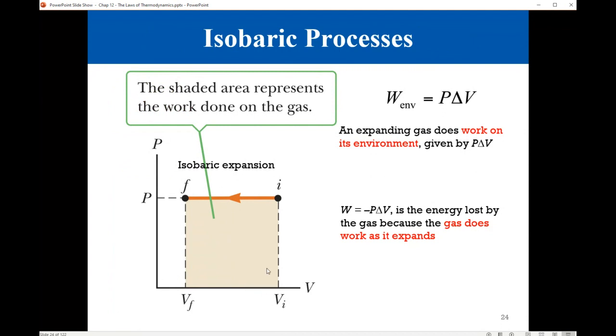This compression process occurs at constant pressure. Because of that, we call it an isobaric process. The area here is equal to P multiplied by delta V. This is equal to the work done by the environment on the gas.